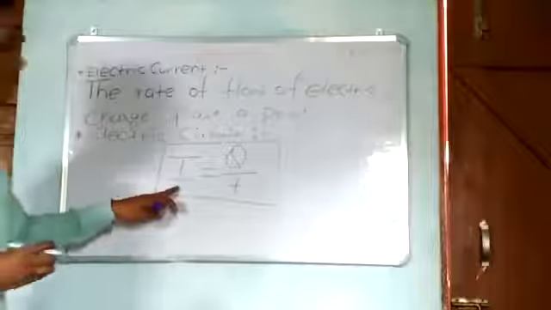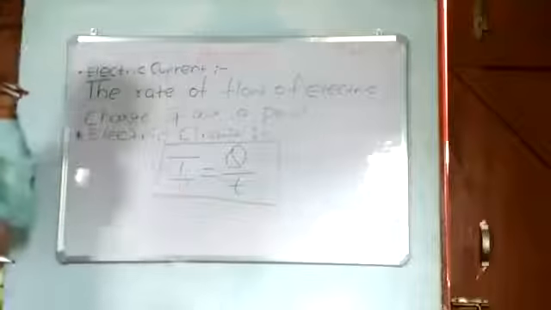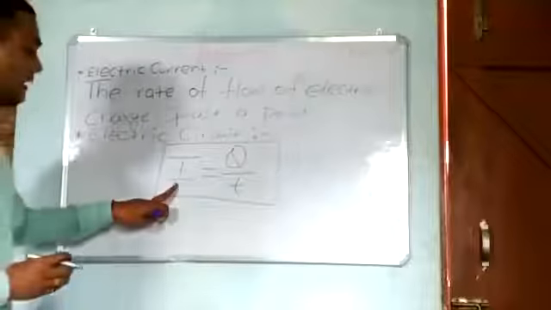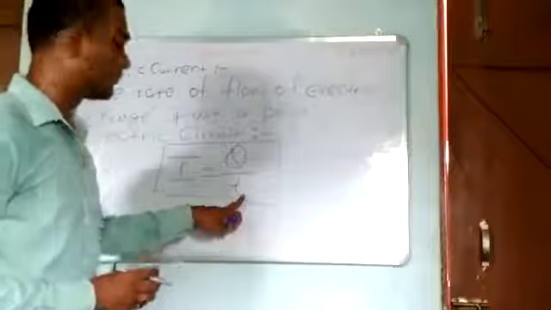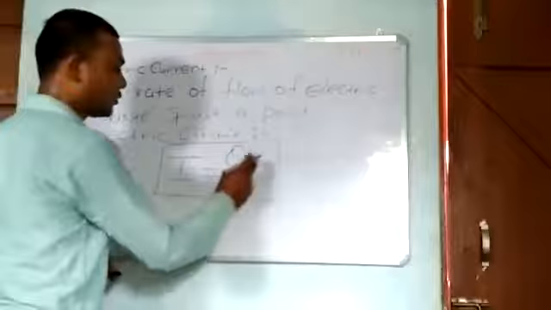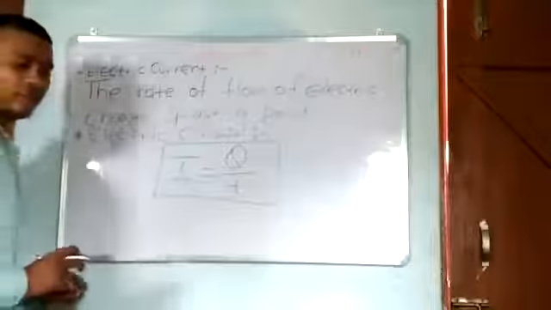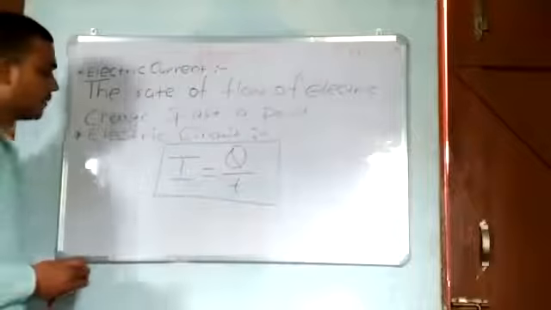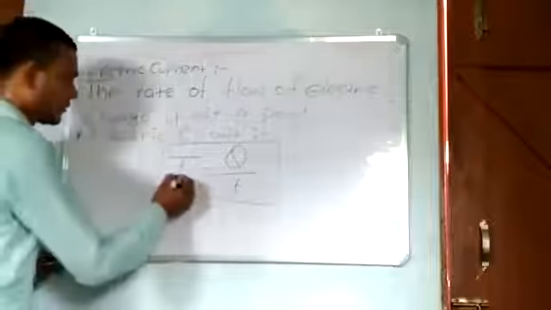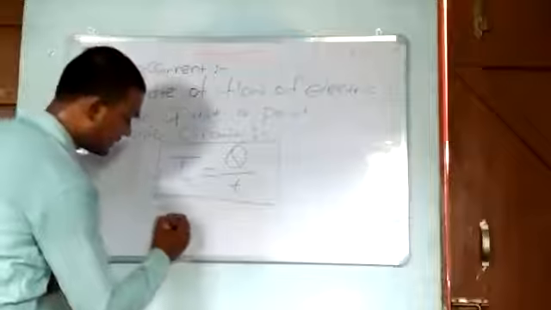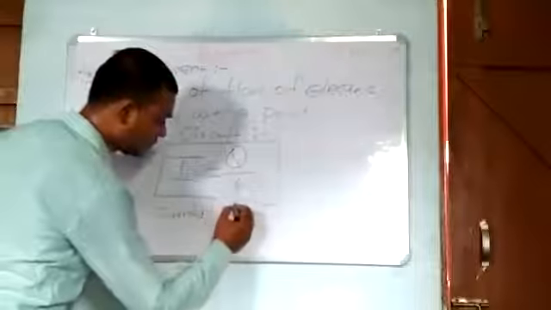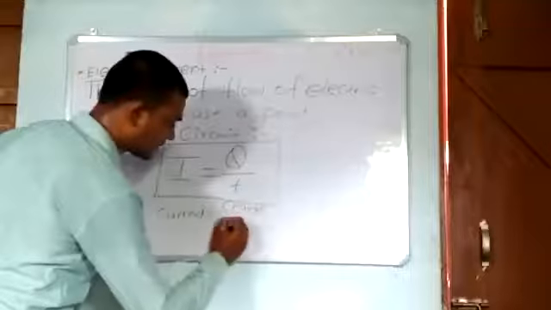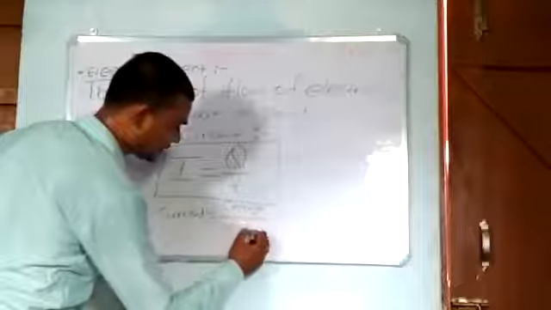I denotes electric current, Q denotes electric charge, and T denotes time. So I equals Q upon T is the formula: I current, Q charge, and T time.